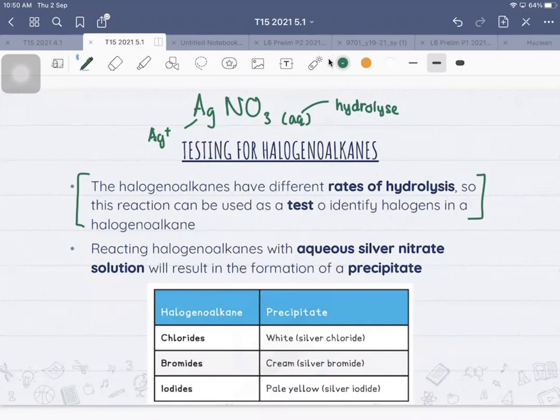The halogenoalkanes have different rates of hydrolysis, so this reaction can be used as a test to identify halogens in a halogenoalkane. So why do they have different rates of hydrolysis? This all depends on the bond energy, which we looked at on page 2 last time.